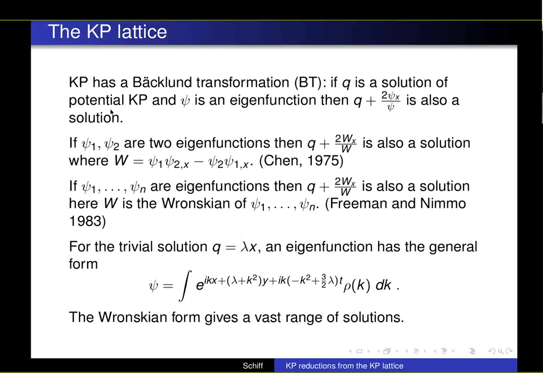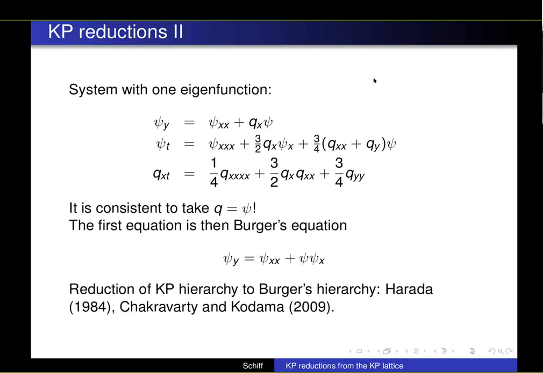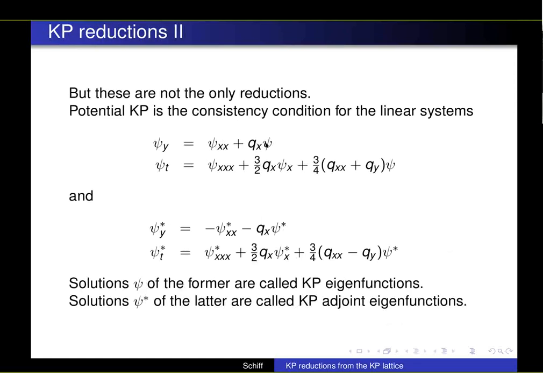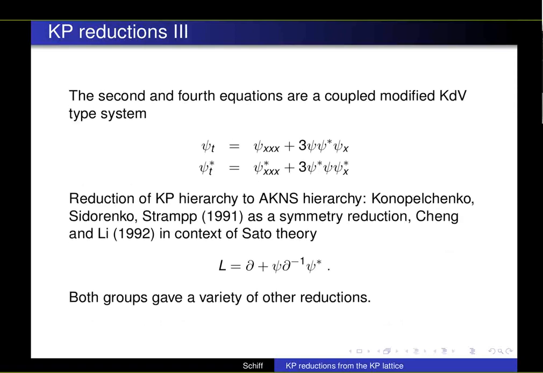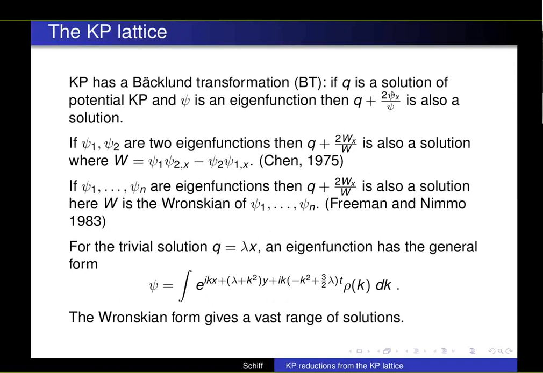If we have a solution of, I work here with potential KP, and then I take an eigenfunction associated with that solution, I remind you that the eigenfunction satisfies this equation. So if we know Q, the eigenfunction of course depends on Q, but this is a linear equation. I can solve it if I know Q. I have many tools available to solve it. So then Q plus 2 psi x over psi is also a solution.